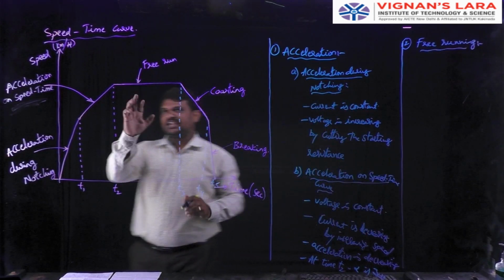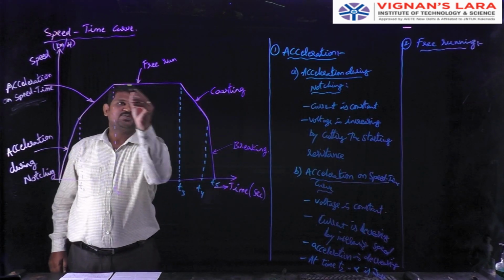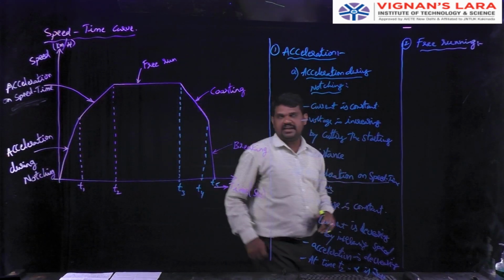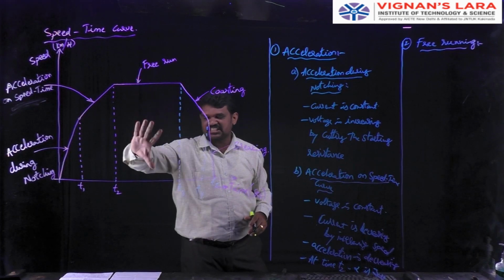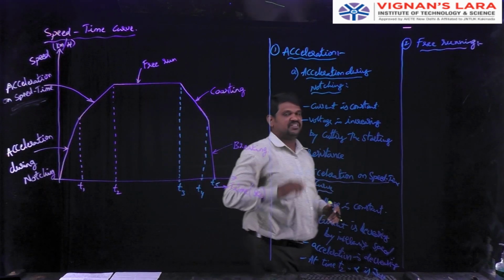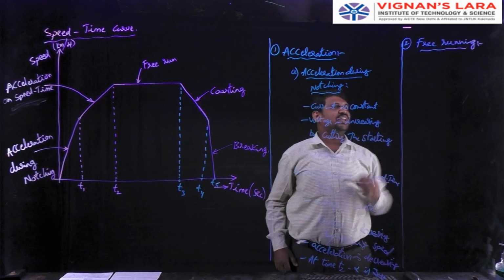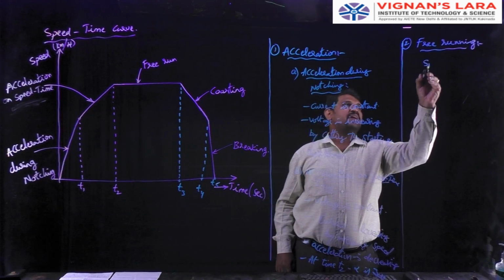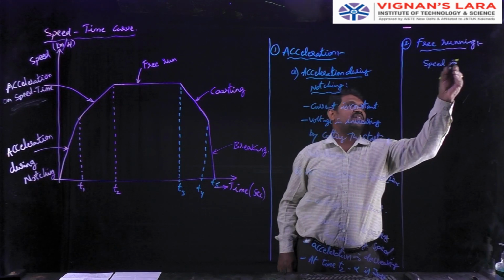In this period, the speed is constant, and the velocity, the speed, is maximum. So in this free running period, the speed is maximum and constant.